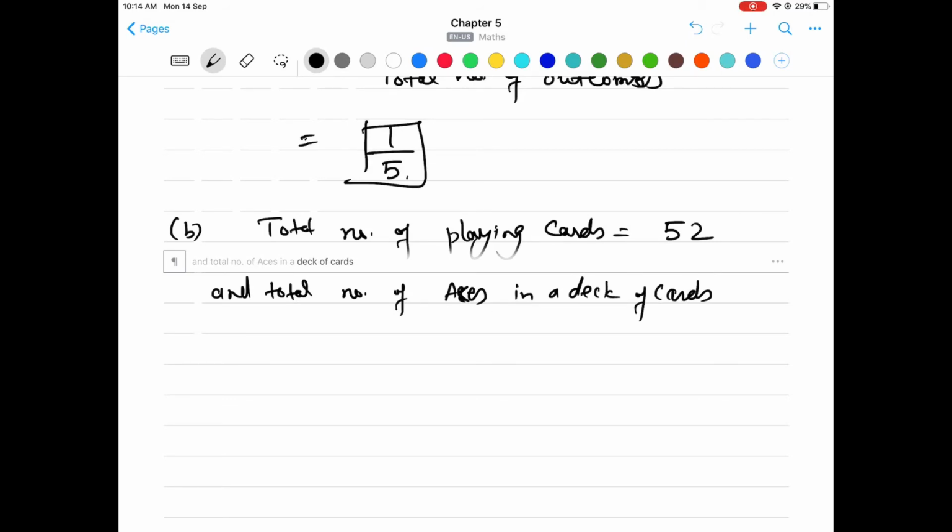Total number of aces is 4. One ace of spade, one ace of club, one ace of heart, and another one of diamond. Okay, so the total number of playing cards is 52 and the total number of aces in a deck of cards is 4.